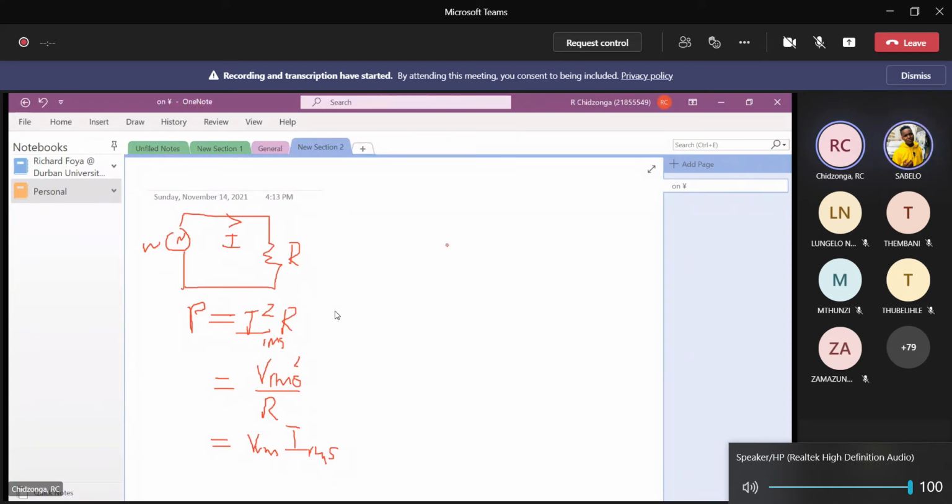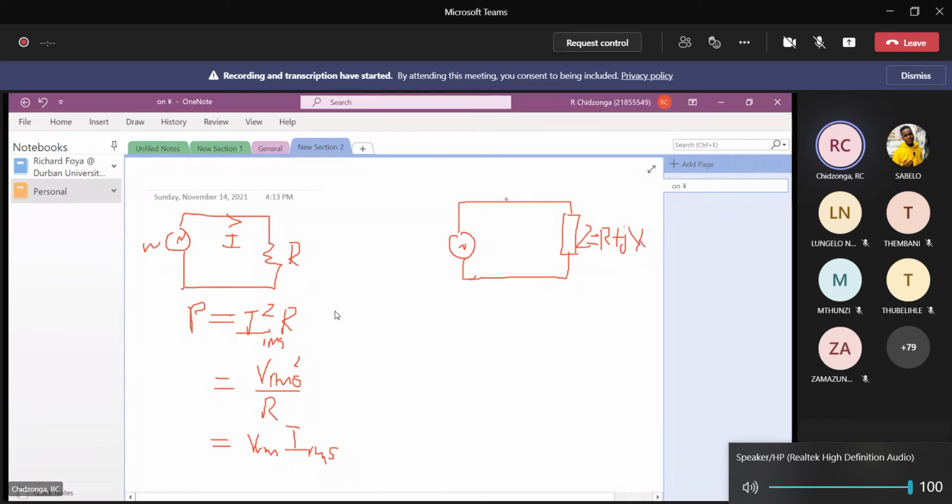Yes, you are correct. Let's talk about a general impedance. We have the same AC source. Now it is supplying a general impedance. The impedance Z is equal to R plus jX.